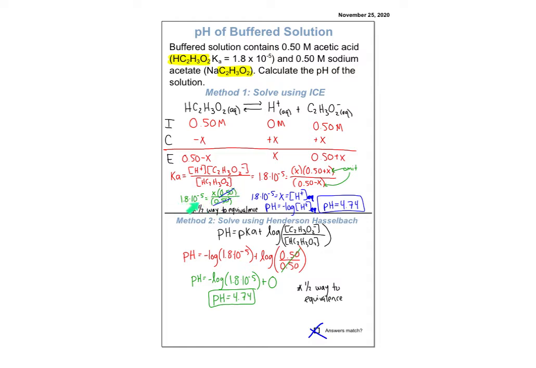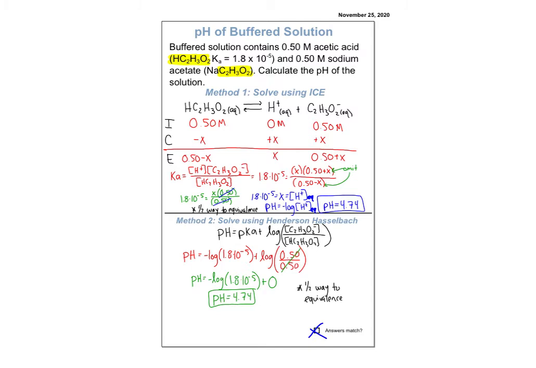So X equals 1.8 times 10 to the negative 5th. That means that is the same as my H+ at equilibrium. I plug this X in, right? H+ at equilibrium is 1.8 times 10 to the negative 5th. So to find the pH, we take the negative log of that, and we get 4.74. Okay, negative log of the Ka is also called the pKa, and we know the pH at the halfway to the equivalence point is equal to the pKa.